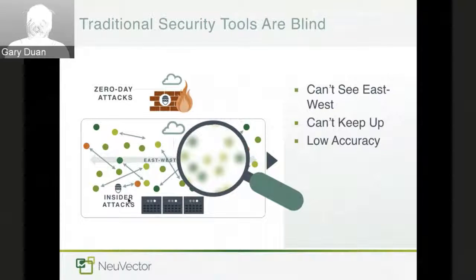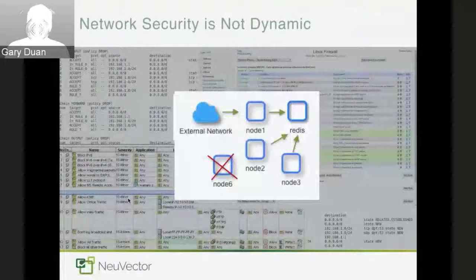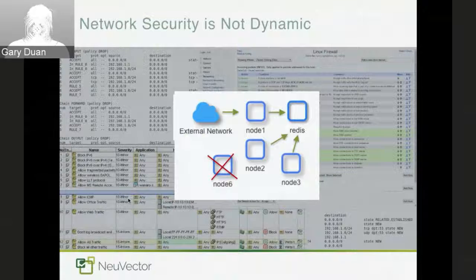Another one is that all these traditional network and security devices don't have visibility into the container lifecycle, and the containers themselves are relatively short-lived, right? They can scale up and down pretty quickly. Here we captured some screenshots of traditional security devices like firewalls.